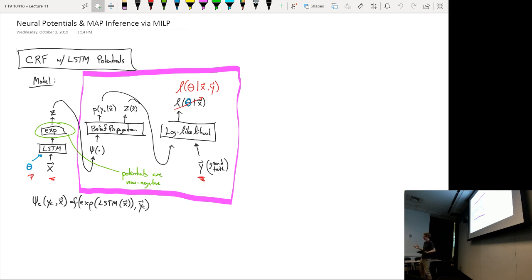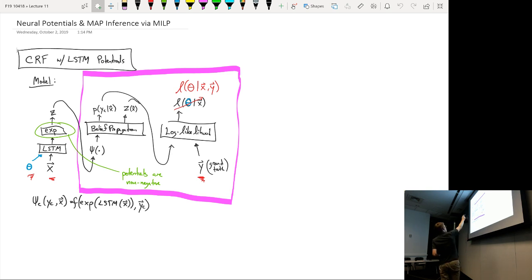I didn't start with Q&A, but I'll start right now. So one thing that came up in office hours is I had written the loss function L of theta given x, but we actually noticed that's not quite right. Really, we can't compute the loss without having both x and y.